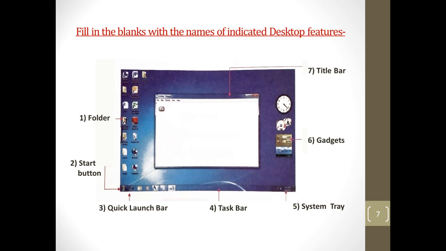And you can access programs from it. Number 3, Quick Launch Bar. Number 3 arrow is pointing at the panel on the taskbar, which contains shortcuts to programs we use. That is why it is called Quick Launch Bar.